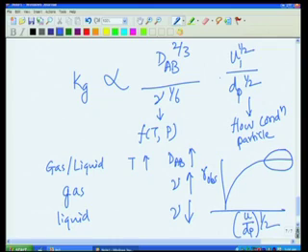This is the region of kinetic control. Whereas if u by dP is very small, then your Kg values are small, that means mass transfer resistances are large. So, we are in a diffusion controlled regime. This is my diffusion control regime.